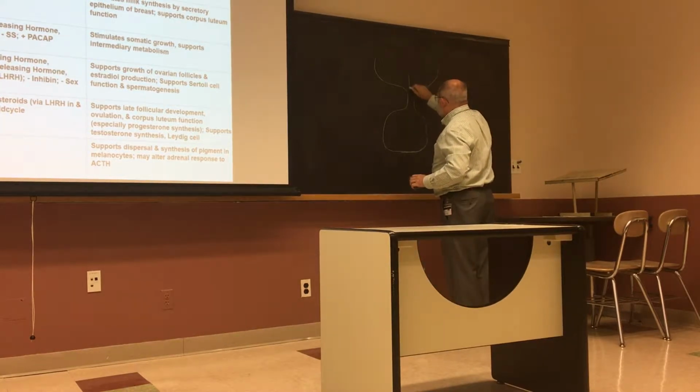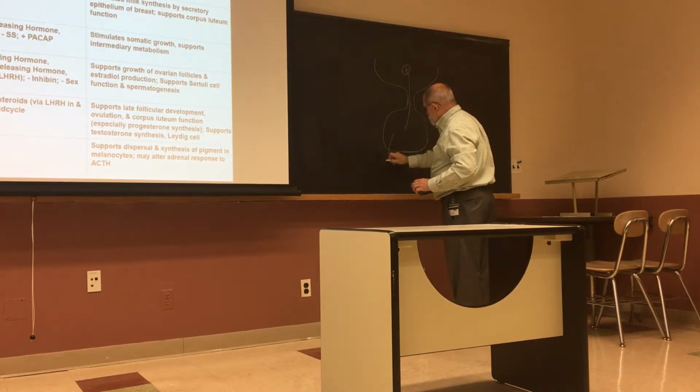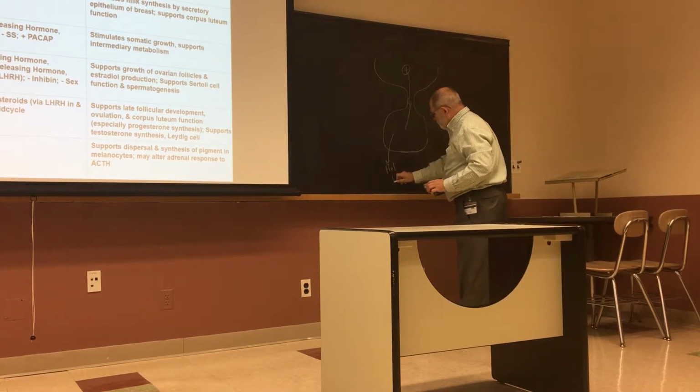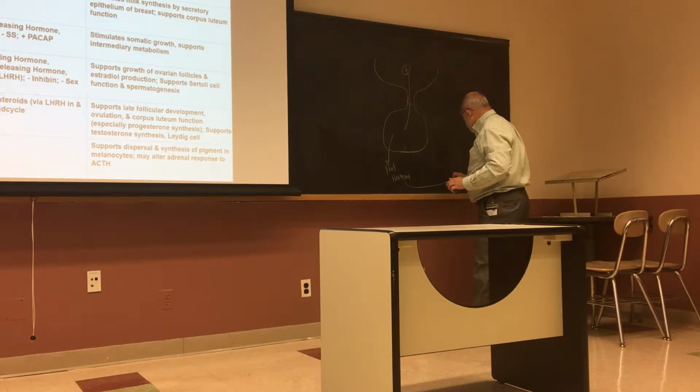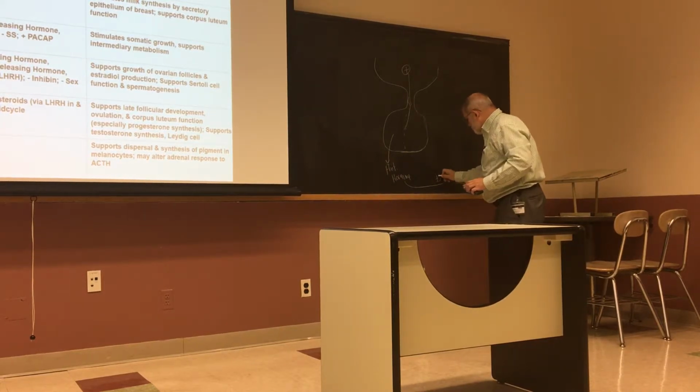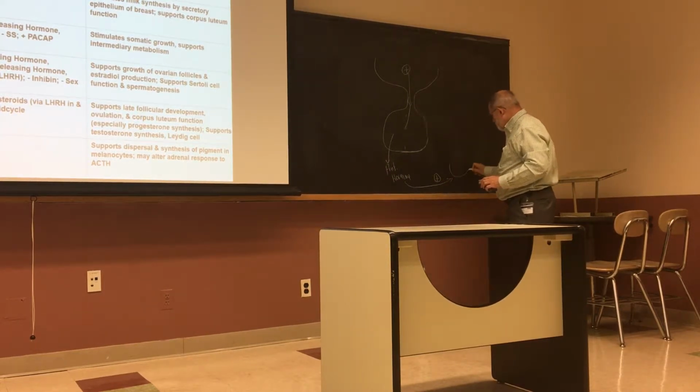Under those circumstances, you're getting a stimulus from the hypothalamus to the production of a protein hormone that goes out into the periphery and stimulates something else, or the target.